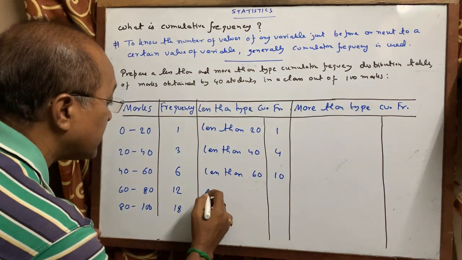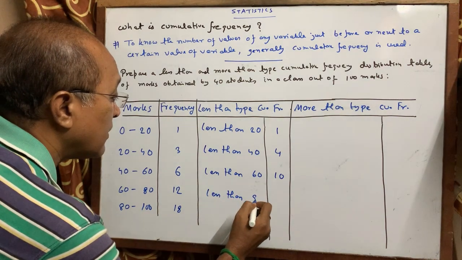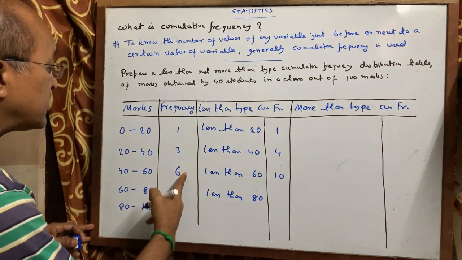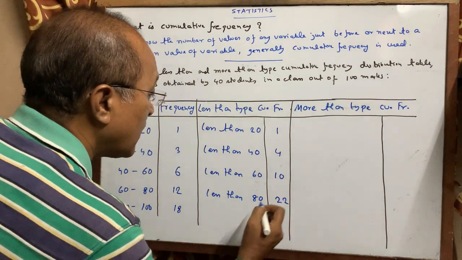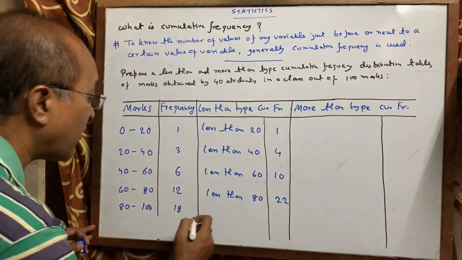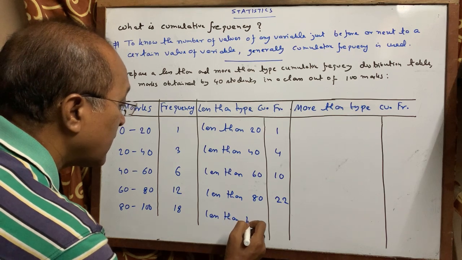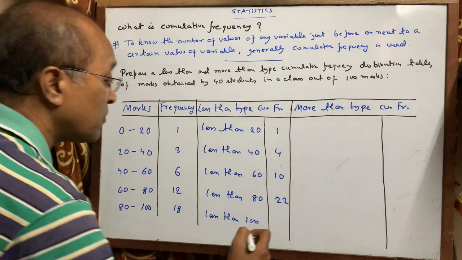Less than 80 then we have to find. Less than 80, it will be 12 plus 6, 18, 3, 21, 22. And then less than 100, here it is all the students, which is 40.